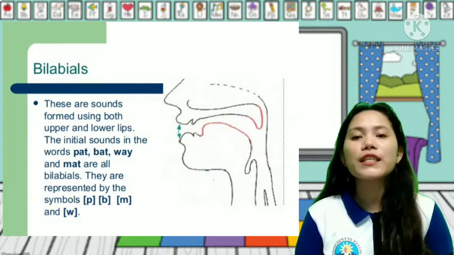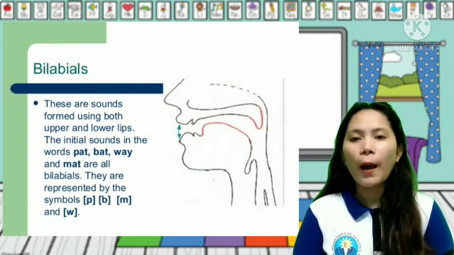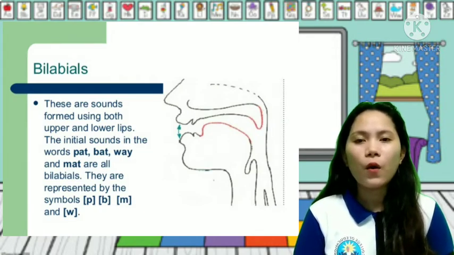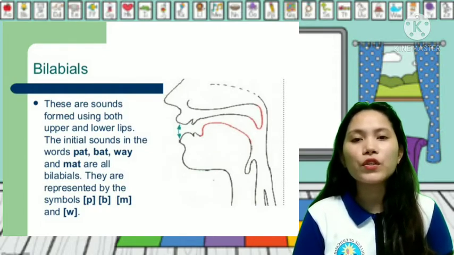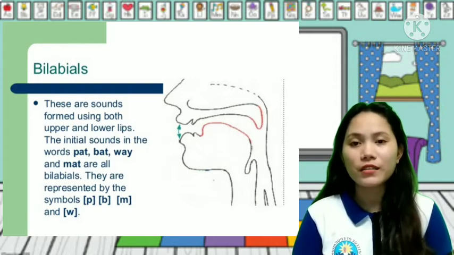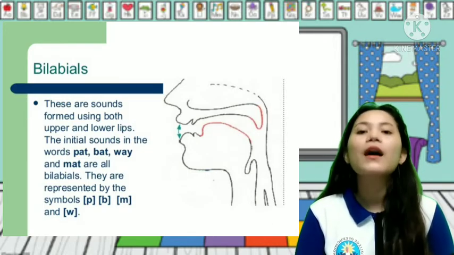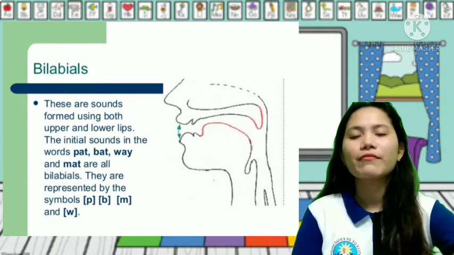The initial sounds in these words are pat, bat, way, mat. Those words all begin with bilabials, represented by the symbols P, B, M, and W.